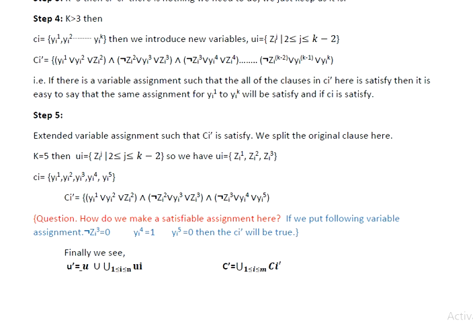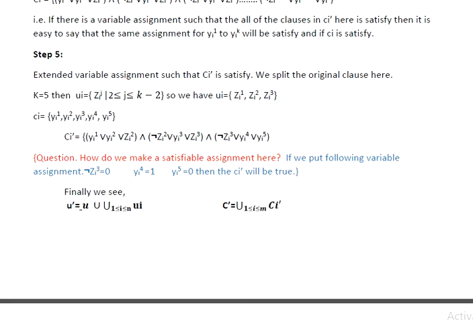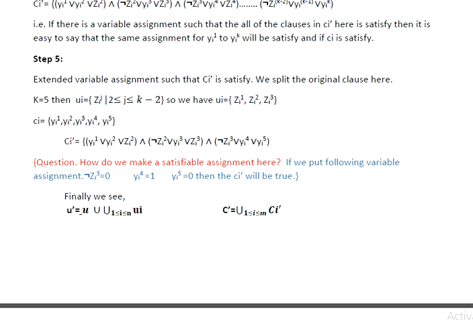So same thing. In step 5, I have shown that if k equals 5, then what will be the same construction. If k equals 5, then we will introduce three new boolean variables u equals zi1, zi2, and zi3. Let's say the literals of SAT clause ci are yi1, yi2, yi3, yi4, and yi5.